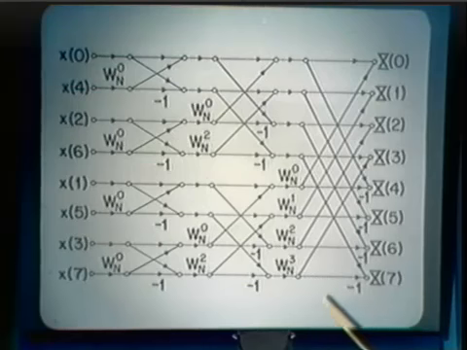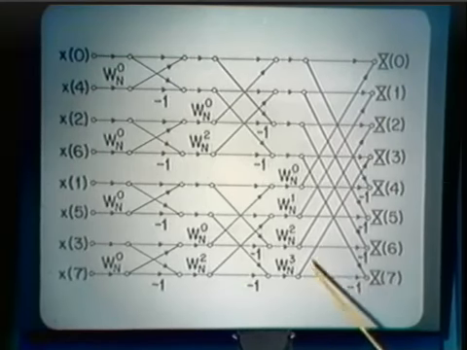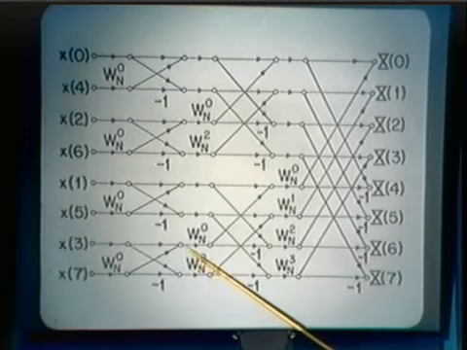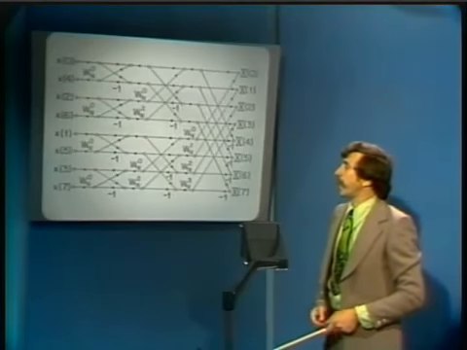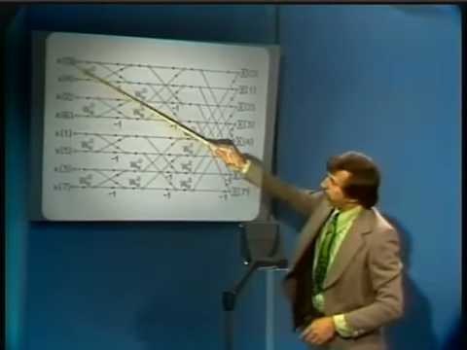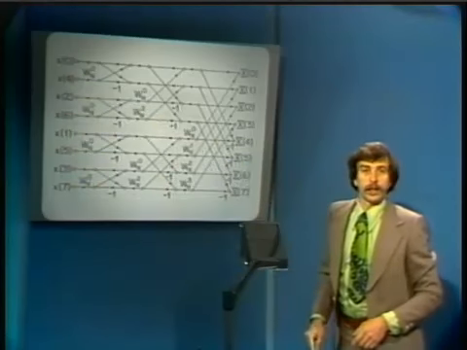So in particular, we are free to rearrange this flow graph in any way that we would like to, as long as we don't change the connections between the nodes. Well, one possible thought is to rearrange the flow graph so that we avoid this problem of bit reversal on the input.